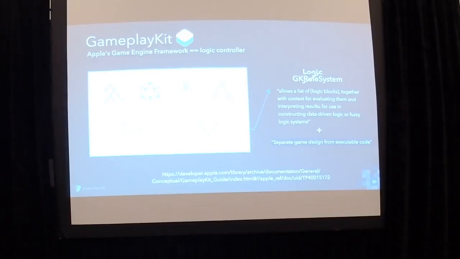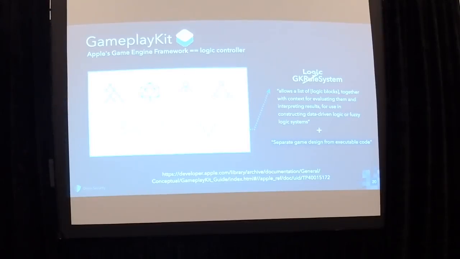But for this first iteration, we focused primarily on rule systems. And this rule system class that they provide, we focused primarily on it because it, by design, separates game design from executable code. So you can load in your game design, execute the logic controller, if you will, and then take action based on that execution at a later time.